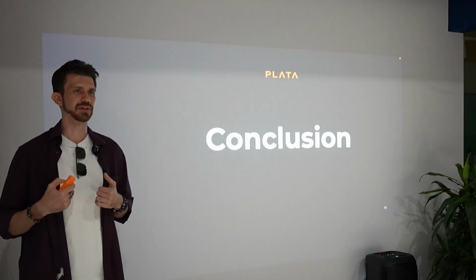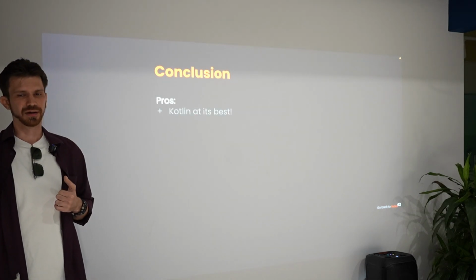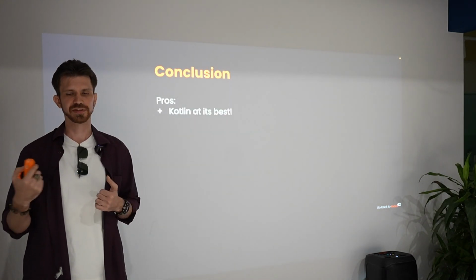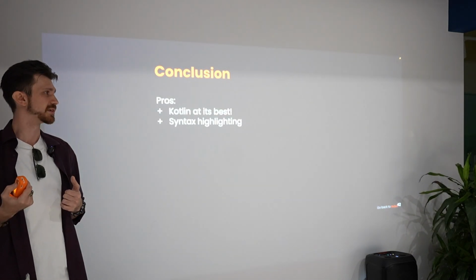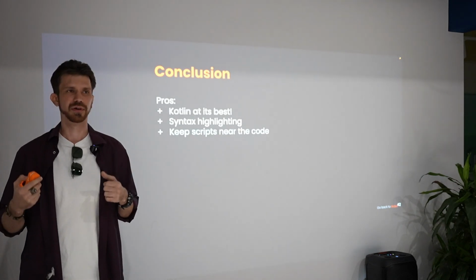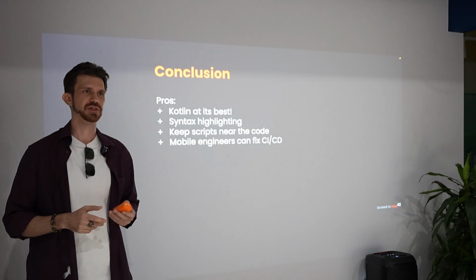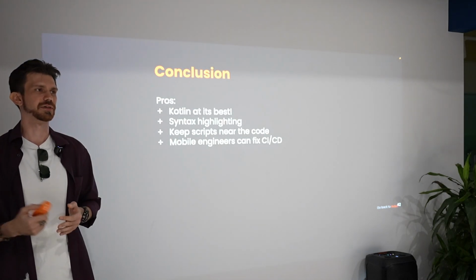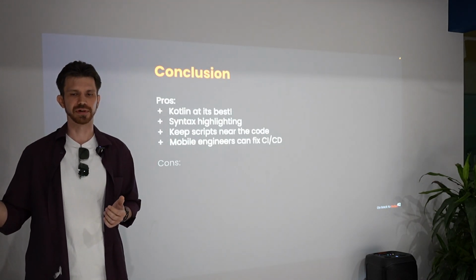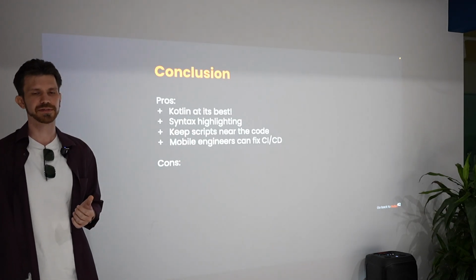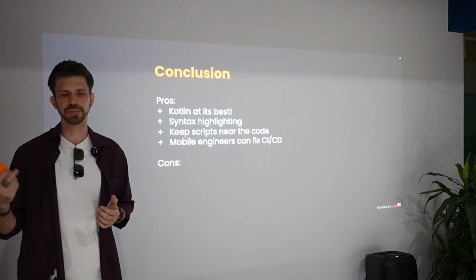So what have we got today? We got Kotlin at its best. We got syntax highlighting for our scripts. We keep scripts near the code. Mobile engineers from our Android and iOS teams can fix our CI/CD pipelines, especially the script part.